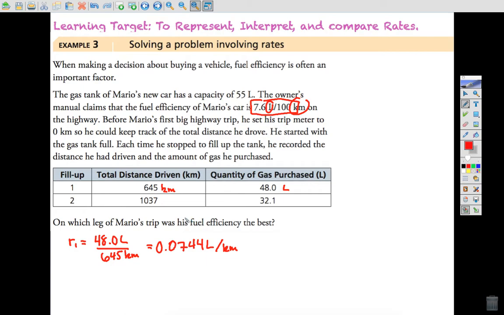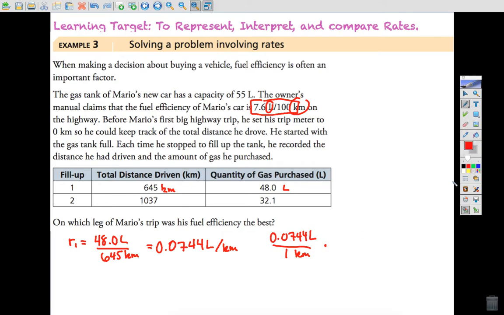Okay, so now I have a unit rate, and I'm just curious about how well this compares with my advertised rate. So what I want you to think about is that if I wanted this to be 100 kilometers on the bottom, remembering that this just represents a fraction, so let's write it out so you can see it that way. And that's 1 kilometer.